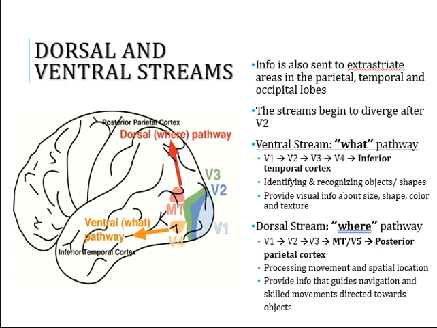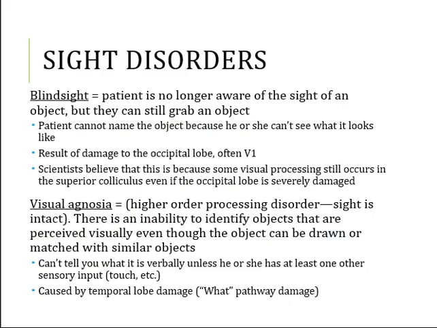So we've talked so much about pathways, color constancy, the structures of the eye. What are some of the ways that this can all go wrong? Blindsight and visual agnosia are two really common disorders. We'll cover a couple more. There are tons of ways for sight to go bonkers.